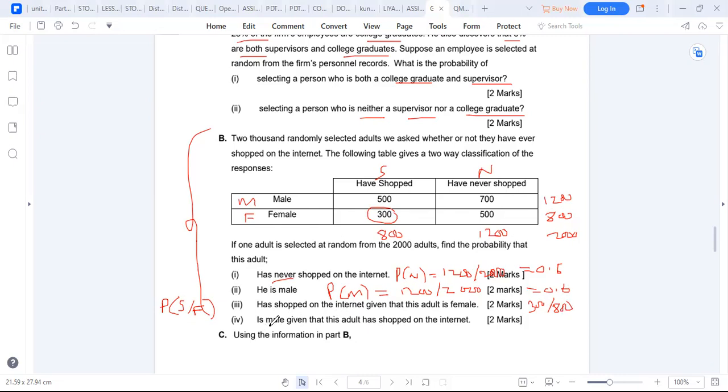Even here, it's the probability that it is male given they shopped on the internet. So here, they are asking us to calculate what? Probability that the person is male, given that they shopped on the internet. Who wants to try to give me the notation?